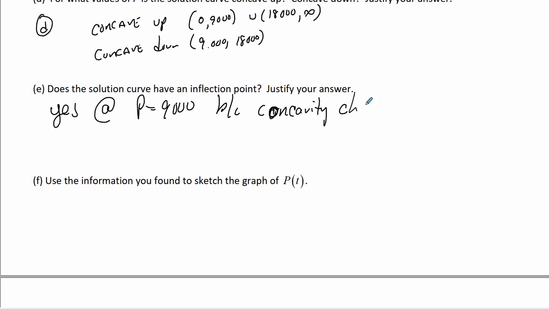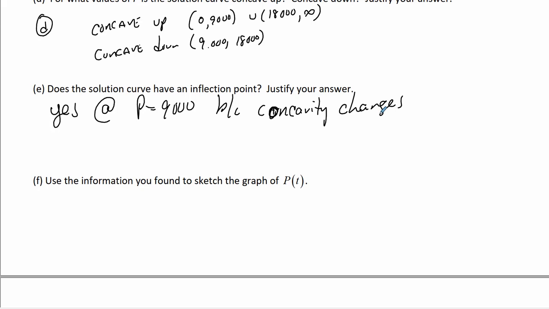Now you might be like, well, concavity changes at 18,000, and thus I'm going to get yes. Technically, if you want to say that, that's true, but because 18,000 is the highest value, our carrying capacity, anything after 18,000 really doesn't matter too much anymore.